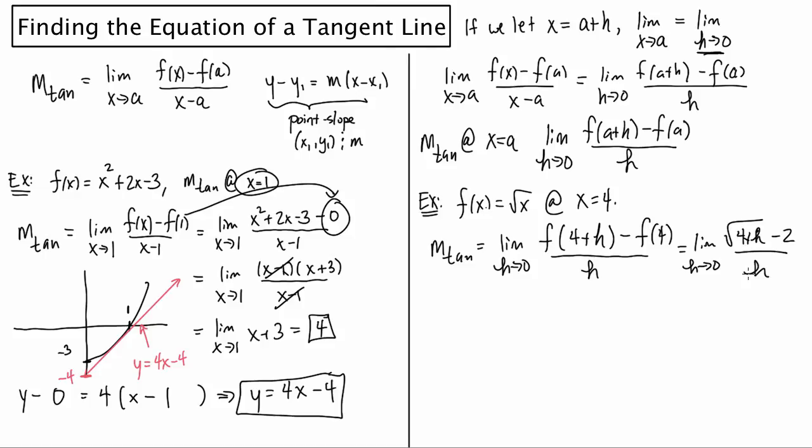Now, if you try to evaluate that limit directly and plug in 0, you get 0 over 0, which is indeterminate. So since there's a square root involved, we're going to try the conjugate once again. So continuing on here, this is the limit as h goes to 0 of, I'm going to multiply the numerator and denominator by the conjugate.